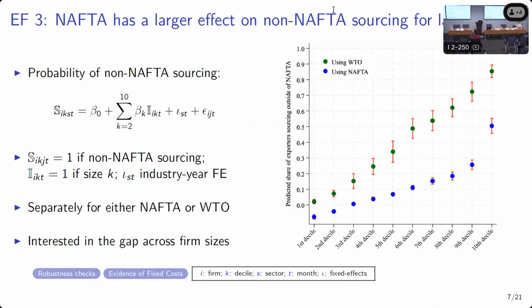For example, if China opened a factory in Mexico, I don't know if that's a Chinese intermediate input, but in my data that would be counted as a Mexican intermediate input. Right, that would be a Mexican intermediate input, even though it was FDI and it's a Chinese owned factory and so on.